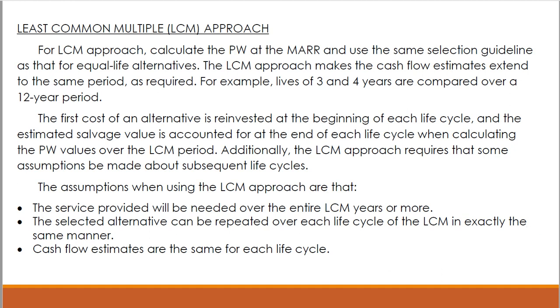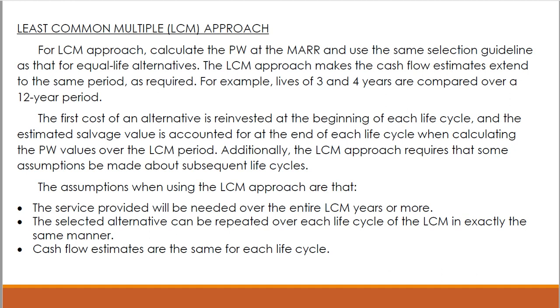So the first cost of an alternative is reinvested. This is what we will do. For example, in the first year, at the beginning of the project, you have an initial investment of 1 million. Its life is only 3 years. So every 3 years, you will have an investment of 1 million until the 12th year, when our analysis period is 12 years.